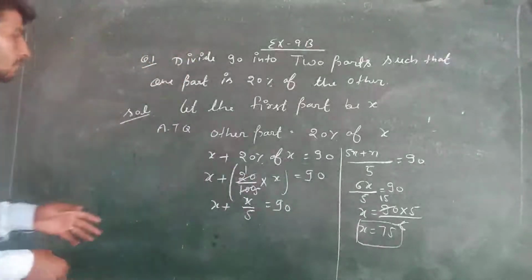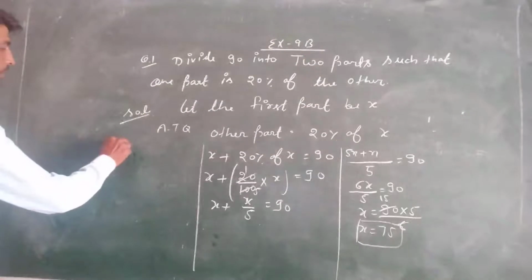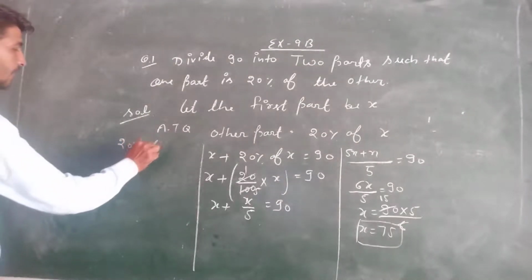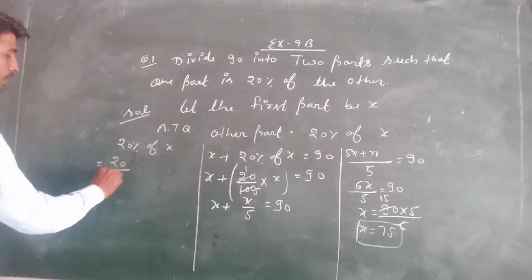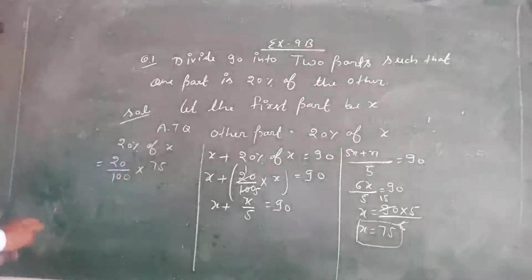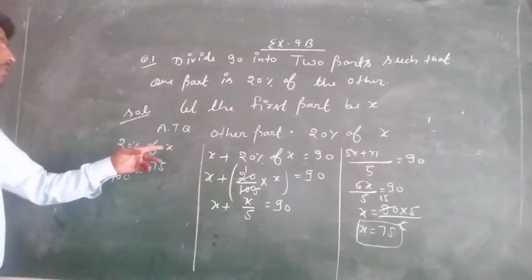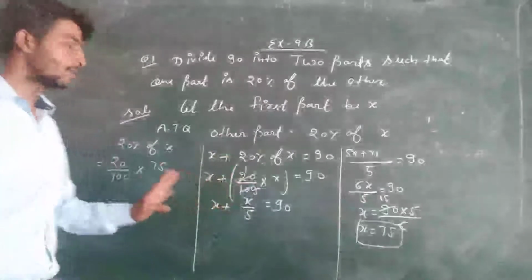So with the help of the value of the first part, you will get the value of the second part. How will you find the second part value? The second part value is 20% of x. So 20 upon 100 multiply 75. Clear? Because you have the value of x, 75.